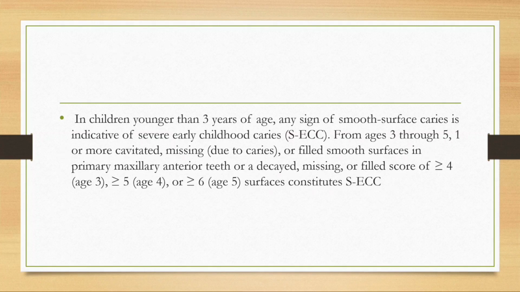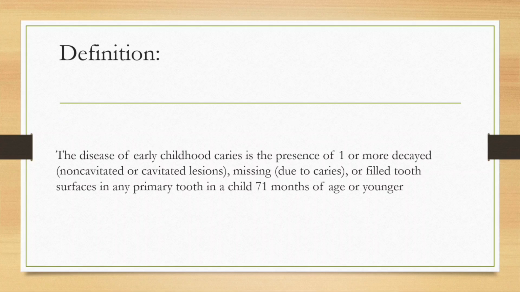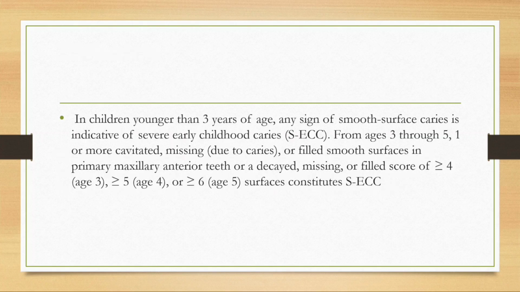If the child is younger than 3 years of age, any sign of smooth surface caries indicates severe early childhood caries. Early childhood caries refers to 71 months, almost 6 years or younger, but this is for 3 years of age, and that is known as severe ECC.